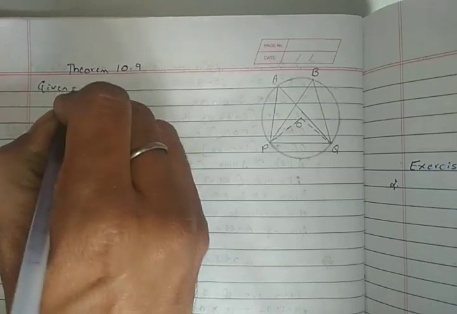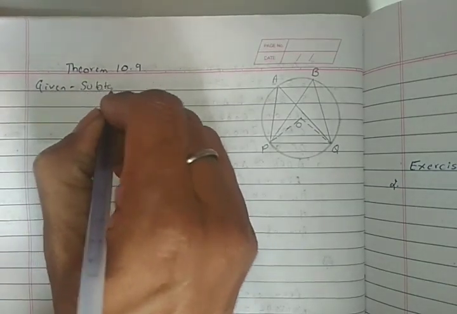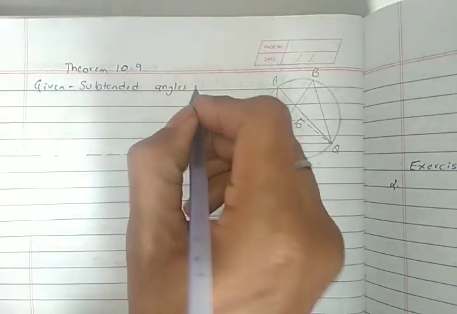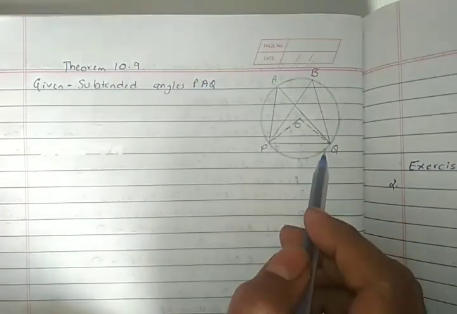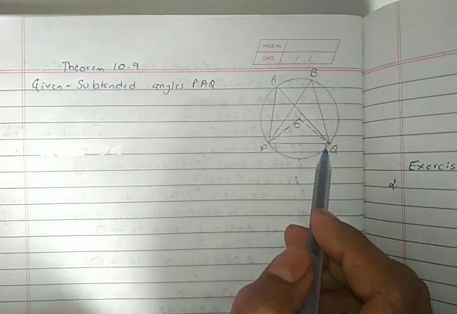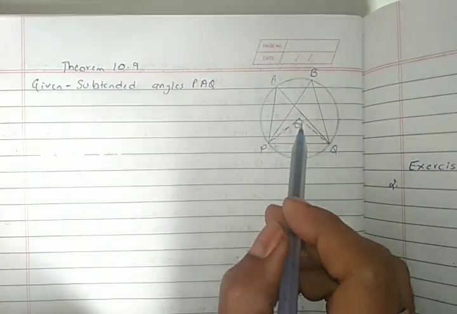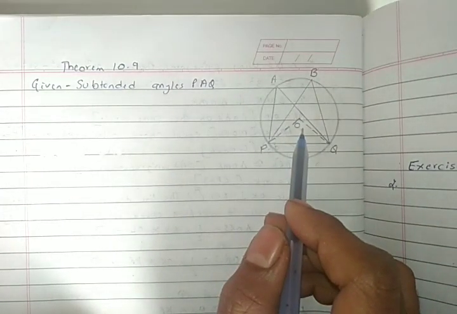What information is given, we'll write it down. Subtended angles PAQ. This PAQ is subtended angle and PBQ, they are subtended on this circle, and PQ is the chord and O is the center of the circle.